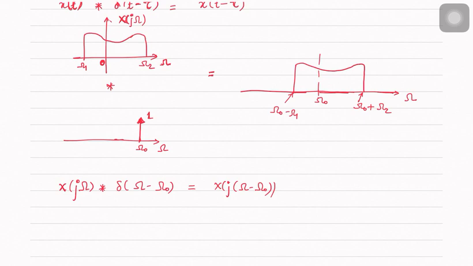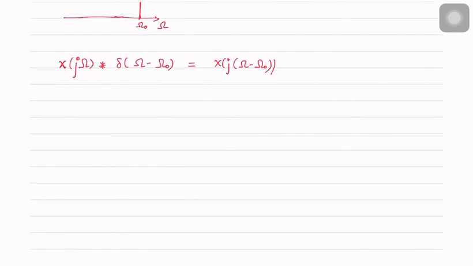In this example, when I convolve the time domain functions, the origin got shifted by the amount t naught. The frequency here is getting shifted by omega naught. So this is the shifting property.